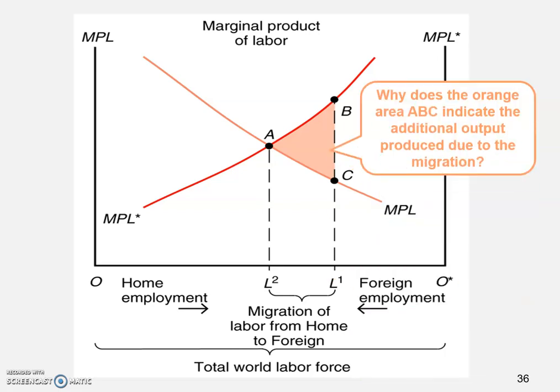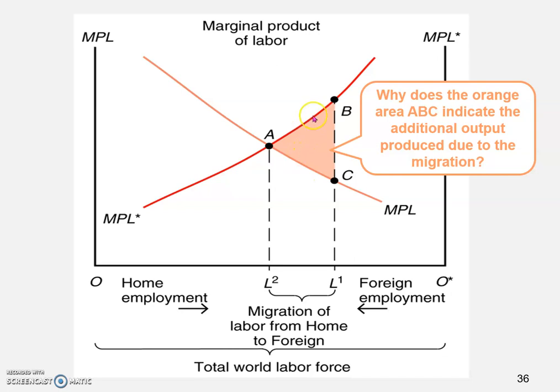And we're also going to say that this orange area here, ABC, represents extra output produced due to the migration. However, I'm going to leave this for you guys to figure out, and bring your thoughts to our class discussion.